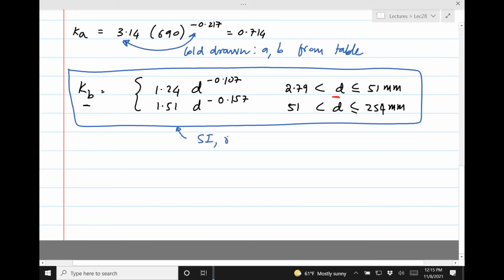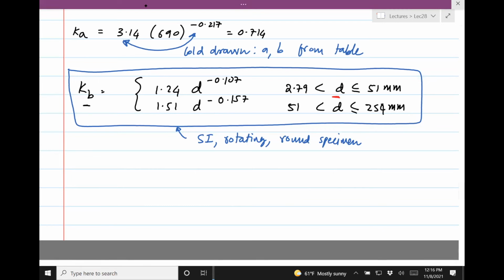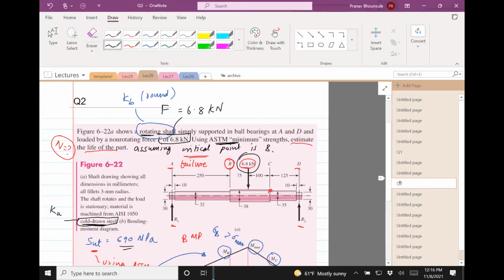First thing, it's a rotating round specimen. Okay, so the diameter in this problem is, I think, 3 mm. 3 mm radius, which means it's a 6 mm diameter.